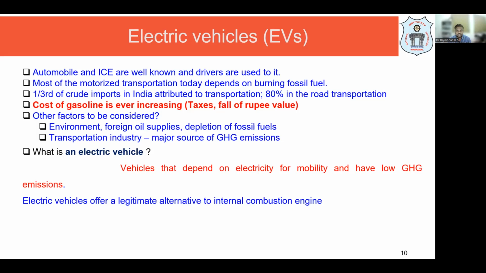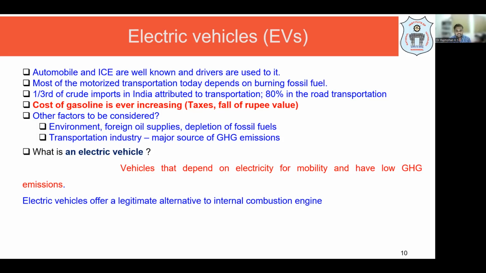CO2 emission needs to be reduced, greenhouse gas emission needs to be reduced, right? Because the transportation industry is a major source of greenhouse gas emissions. Okay, so with foreign oil supplies, depletion of fossil fuel is also taking place, and during war situations the crude oil price is ever increasing, right? So we will see all that later.